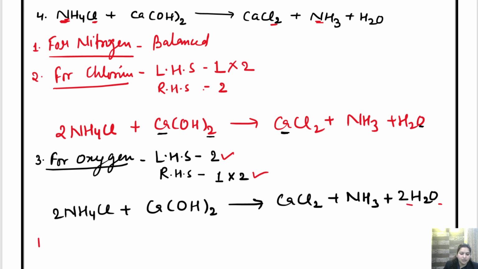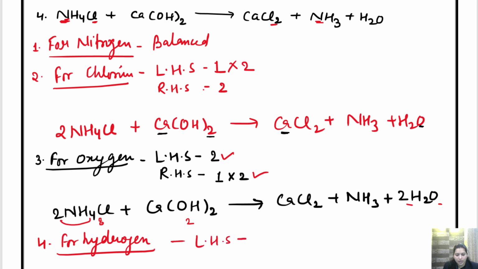Now let's see for hydrogen. So we have how many hydrogen here? 4 into 2, that is 8, and 2 here, that is 10. So total in LHS we have 10 hydrogen. What about RHS?